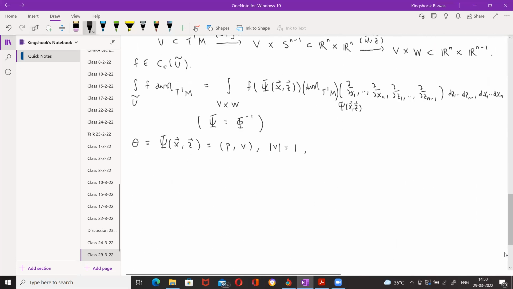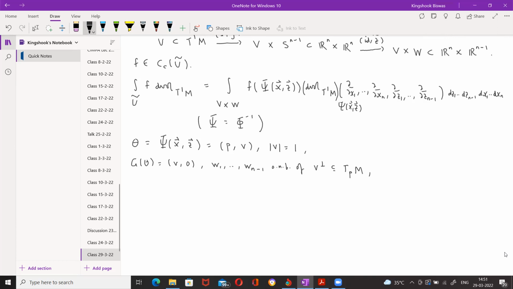So I take G theta, which is (V, 0), and then I take W1 to W(n-1), which is an orthonormal basis of V perp in TPM.